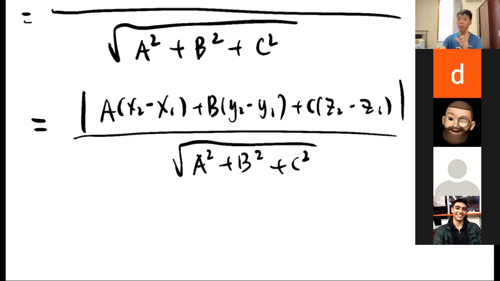Well, there's one more thing we need to do. The x1, y1, z1 are not given. We don't know what point it goes to. However, what we know is the equation ax plus by plus cz plus d equals 0. That is the equation of the plane, right? What is the d in this case?